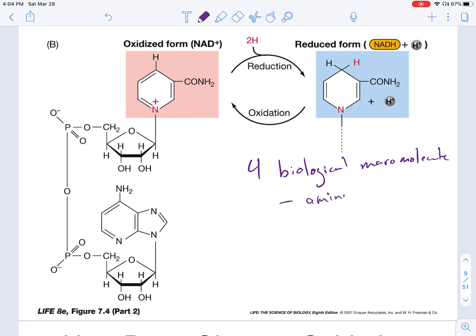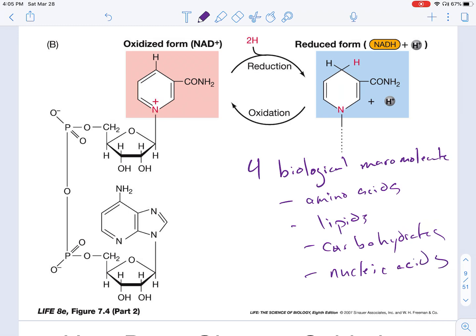Amino acids, lipids, shoot, carbohydrates, and nucleic acids, right? I'm sure Dr. Handy went over that with you. And so you can look at this. This is NAD, and you should be able to tell which of these four it is, right? So let's just take a couple of seconds to do that.